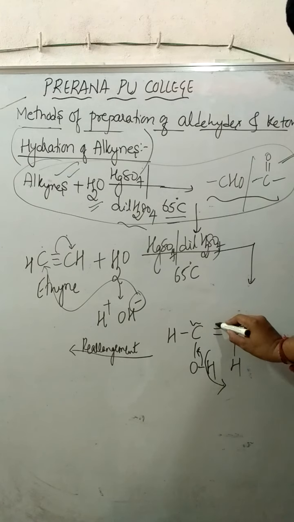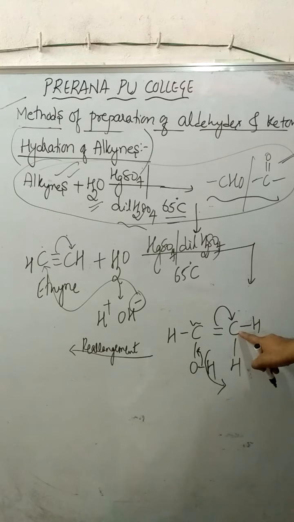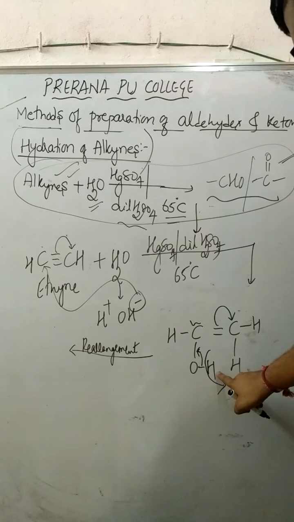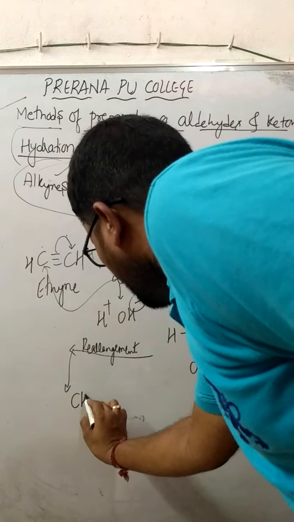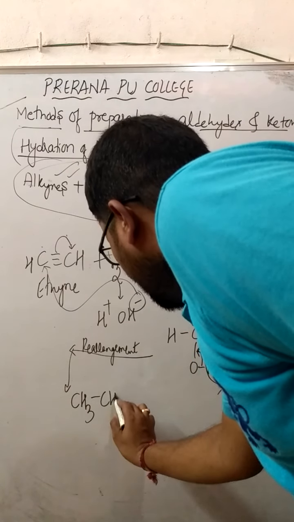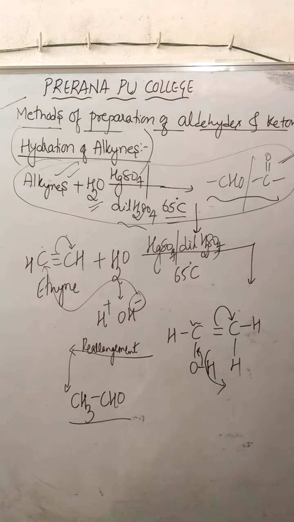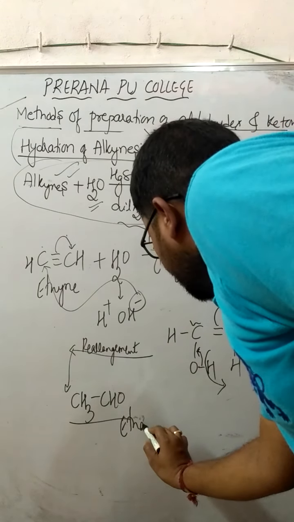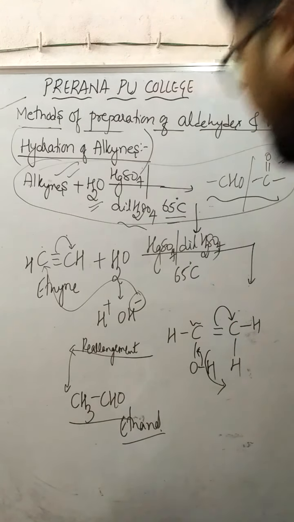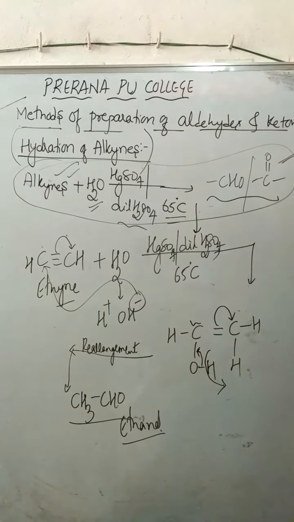To satisfy tetravalency, this pi electron will shift here, so that the carbon will get a negative charge, and this negatively charged carbon will acquire this proton, such that the major product will be what? CH3CHO, which is called as acetaldehyde. Hence, acetaldehyde will be the major product, which can also be called as ethanal, that is obtained when ethyne is subjected to the hydration reaction.